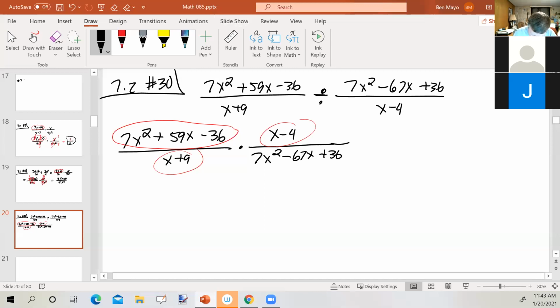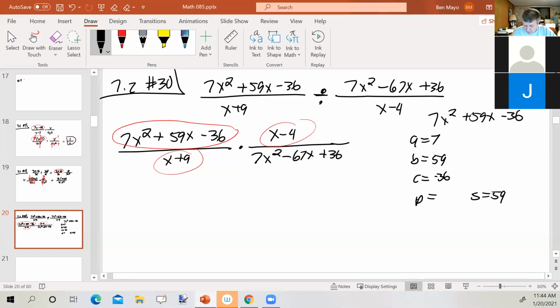But just taking this, 7x squared plus 59x minus 36. A is 7, B is 59, C is negative 36. The product is something big we'll come back to. Let's see. I'm going to use my calculator. I'm feeling lazy. 7 times negative 36 is negative 252.